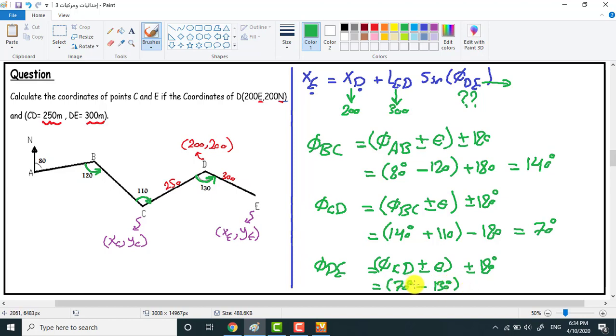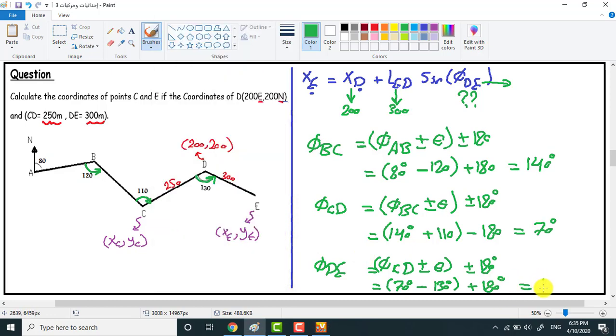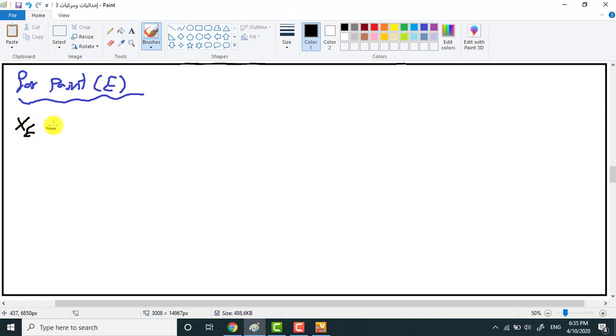The value between this bracket less than 180, so we will add 180 degree, and this results equal 70 degree minus 130 degree plus 180 degree equal 120 degree.